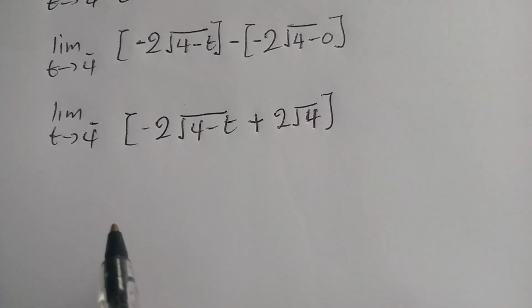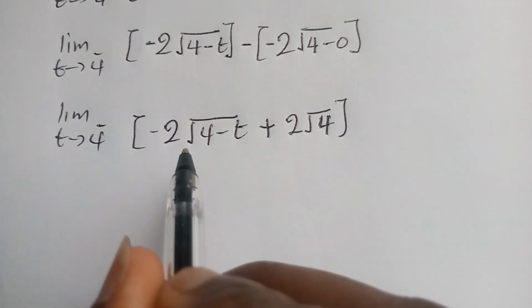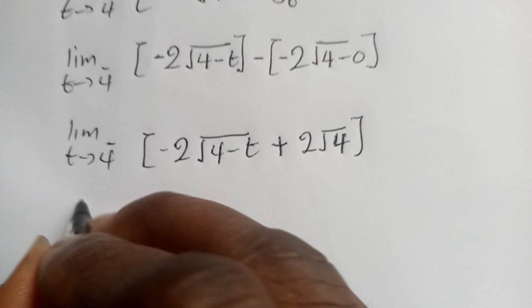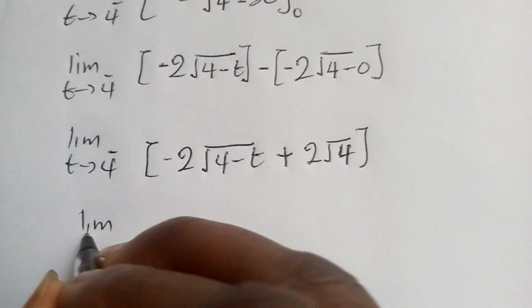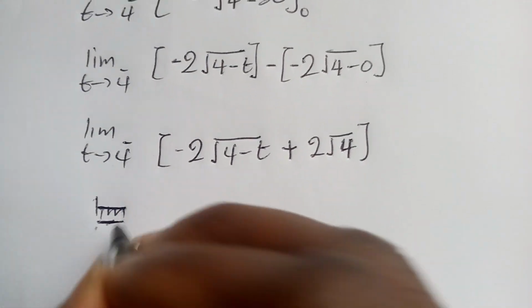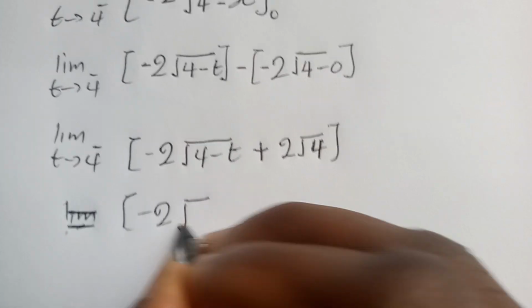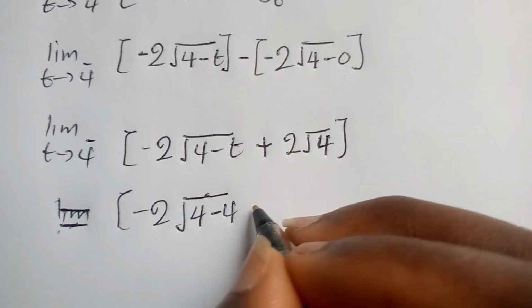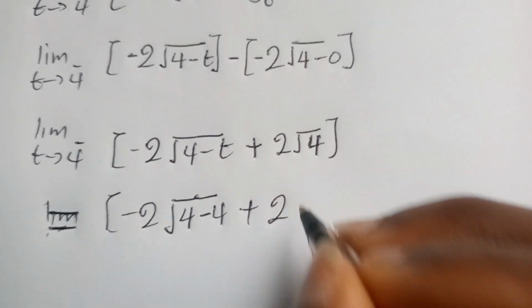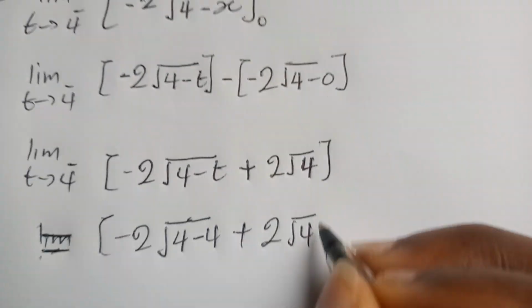Now you realize that t is approaching 4 from the negative, so we just need to do the substitution. If we substitute where t is approaching 4, the result must be negative 2 square root of 4 minus 4 plus 2 square root of 4.